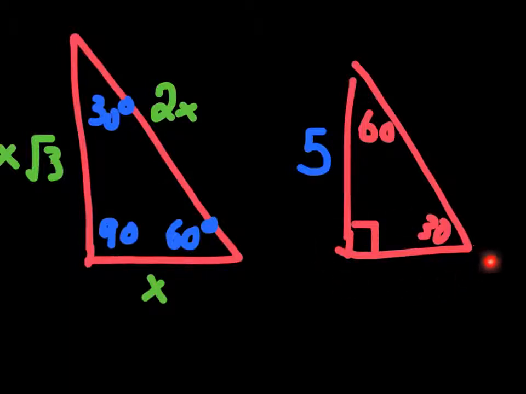Therefore, this side corresponds to this side. That means that the 30 and 90 degree line gives us 5 times the square root of 3. And the 60-30 line, meaning the hypotenuse, gives us 10.